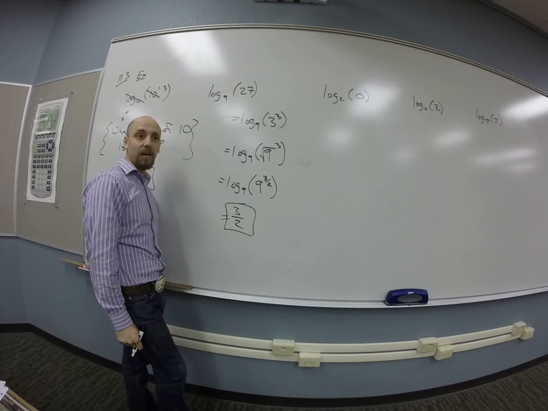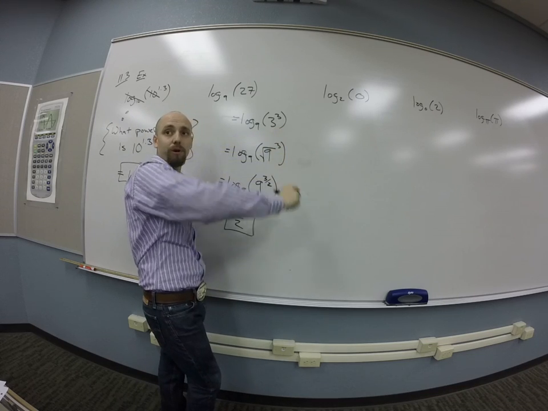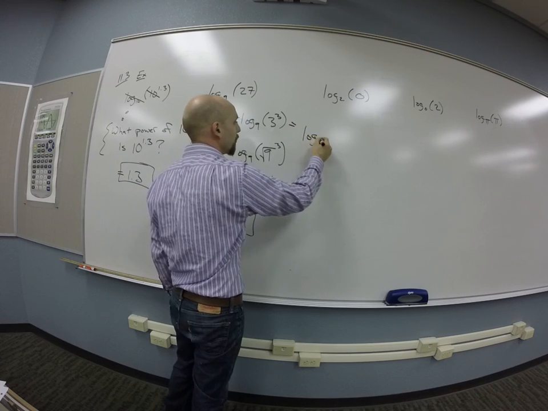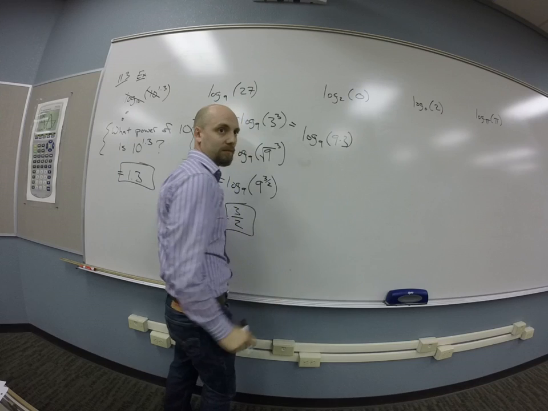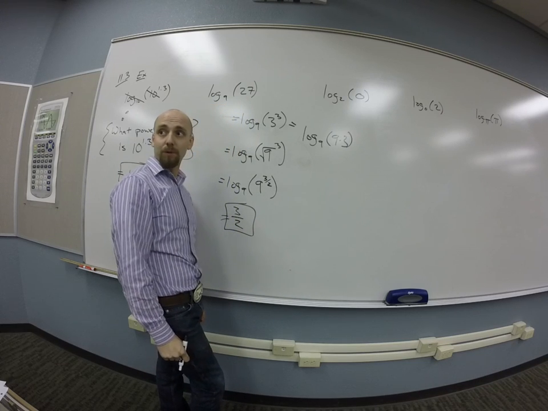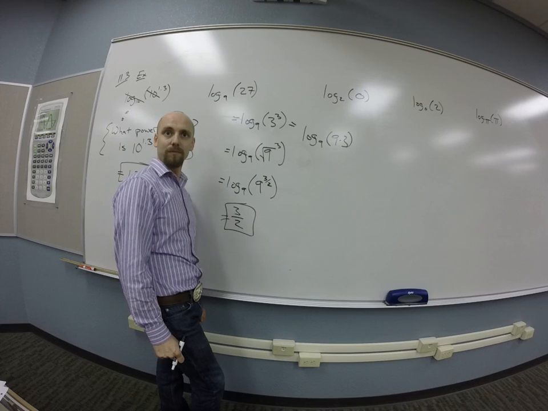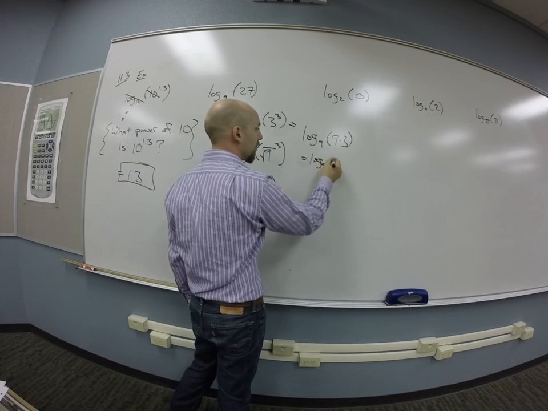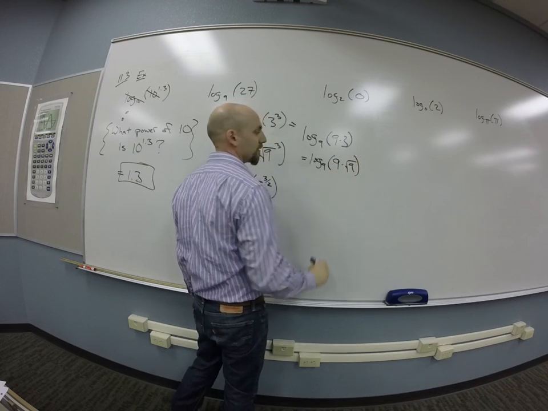Another way that we could see that is if we went back up here to where we said 27 was 3 cubed. We could say this is log base 9 of 9 times 3, right? Which is multiplicatively 1.5 nines. That's me thinking this is log base 9 of 9 times square root of 9.